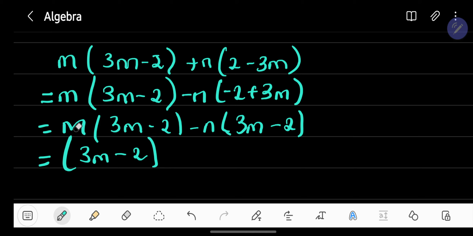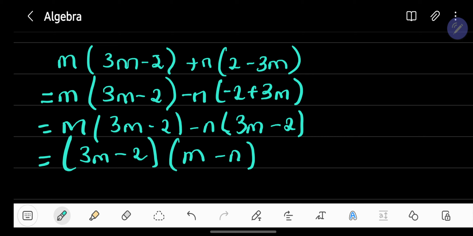So on this first term, if you take 3m minus 2 as a common factor, you will remain with m. That m, you write it here. On this term, if you take 3m minus 2 out as a common factor, you will remain with minus n. Okay, guys, so I think now you should be getting this thing of sign change.